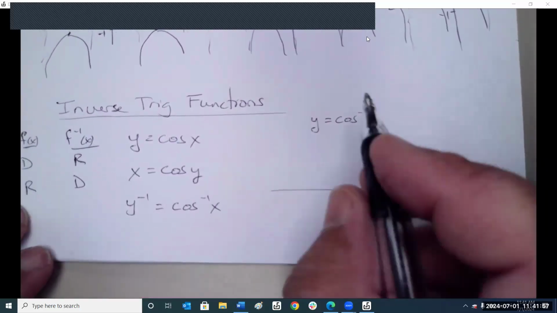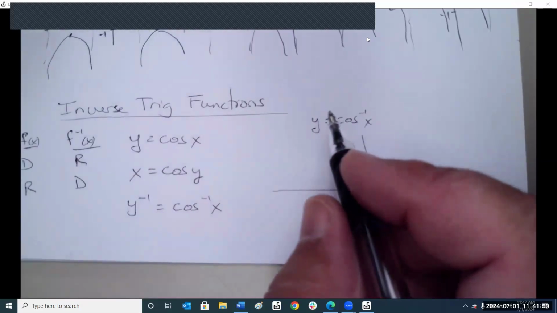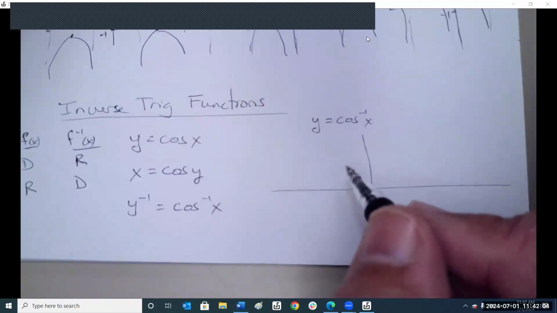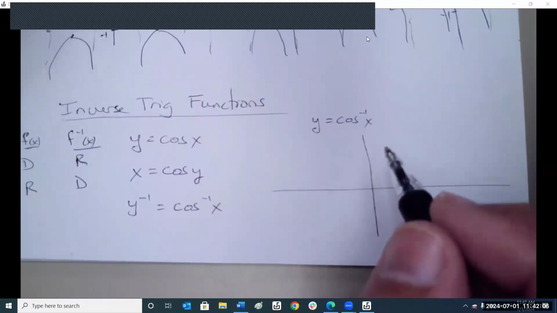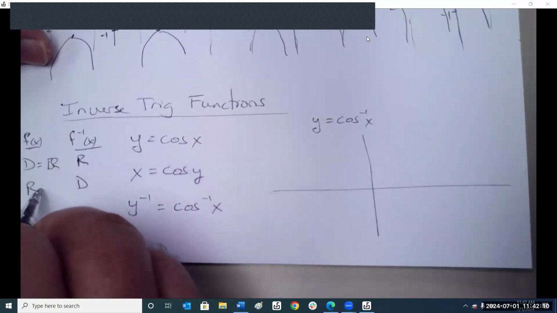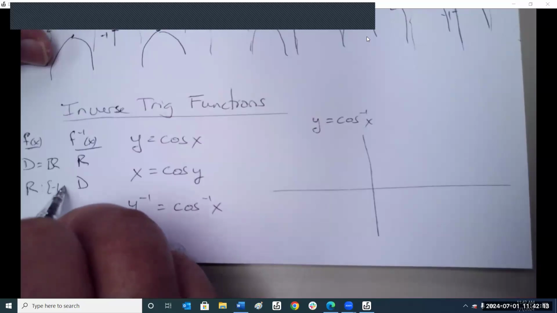So the domain of the original function of cosine is negative infinity to positive infinity. And the range is from -1 to 1. So it's all real numbers from -1 to 1.